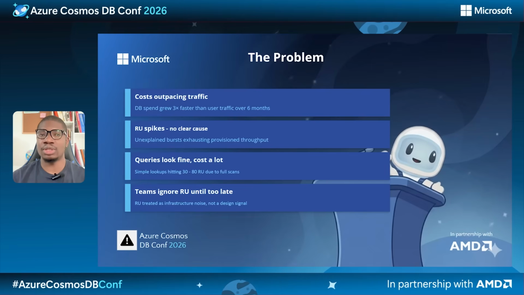Let me describe what this looks like in practice before we get into the architecture. We have costs growing several times faster than user traffic over a period of months. We have RU spikes appearing with no clear cause, unexplained bursts that exhaust provisioned throughput at random intervals.